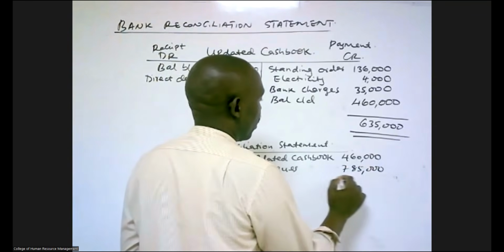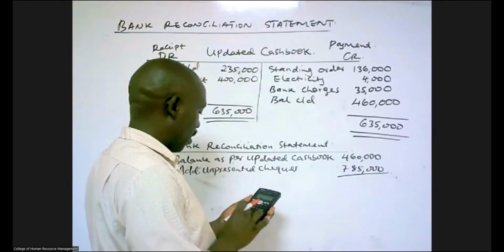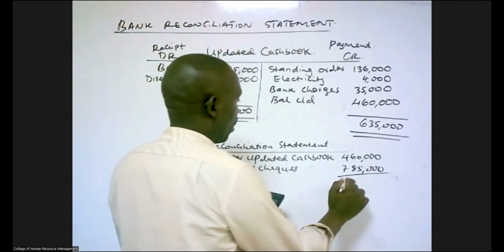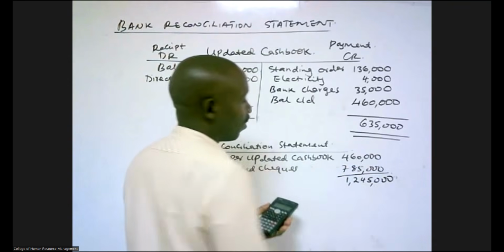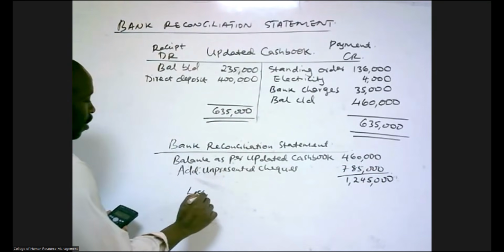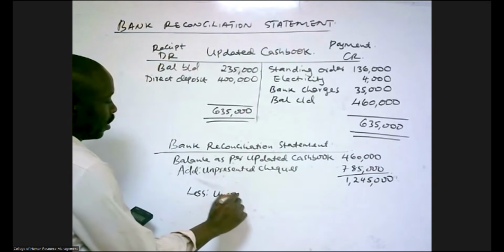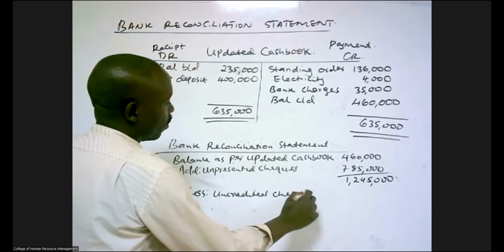The unpresented, if we add to 460,000, we get 1,245,000. Then we less uncredited checks.